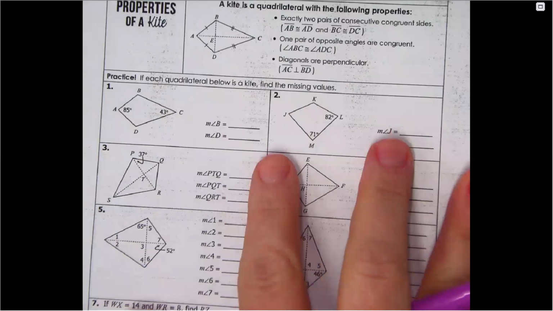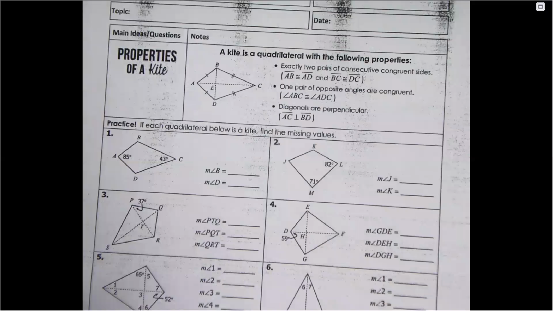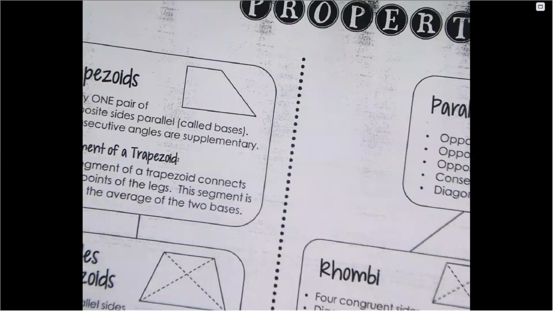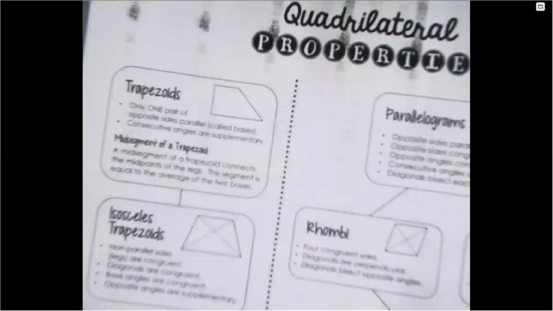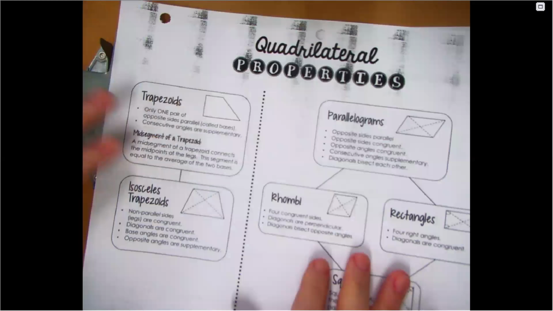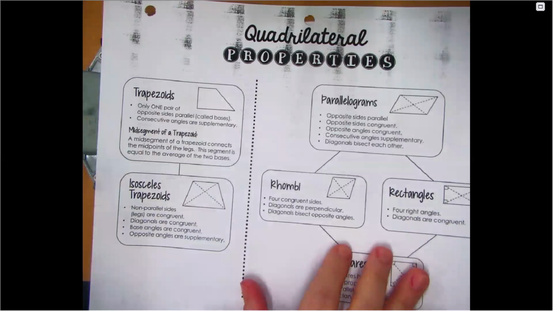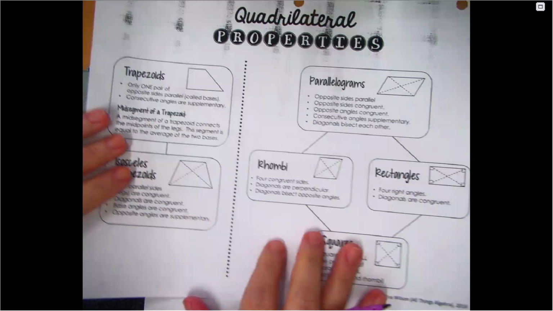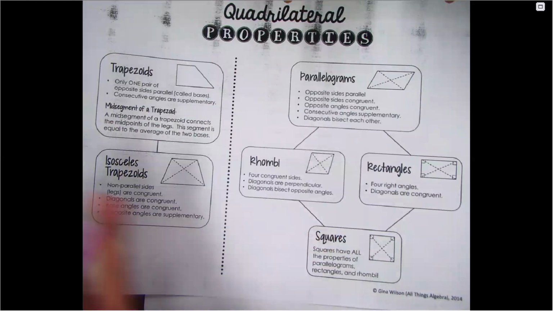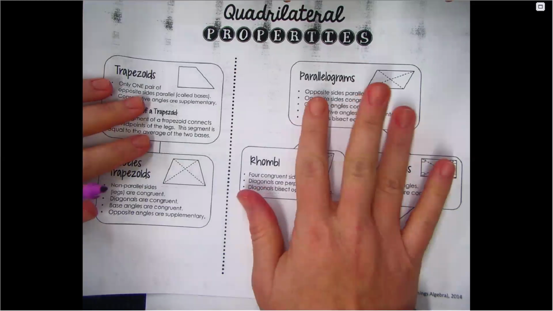Now, yesterday, I gave you this graphic organizer. Okay? On this graphic organizer, we didn't discuss this, so I want to do this real quick. You've got the parallelograms. Well, the parallelograms stream into all of these.